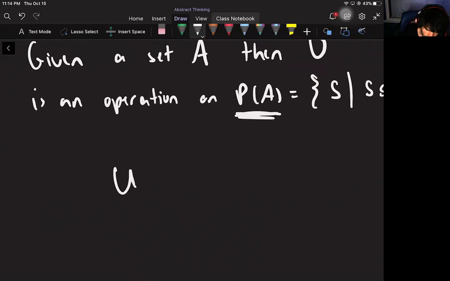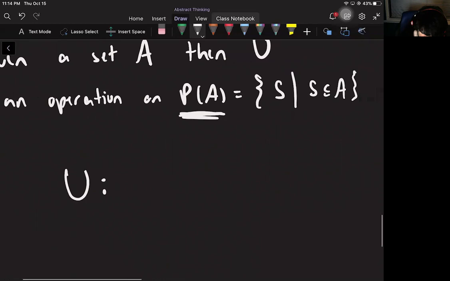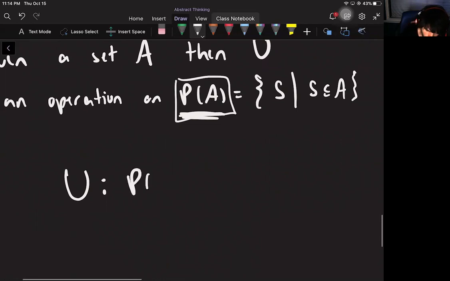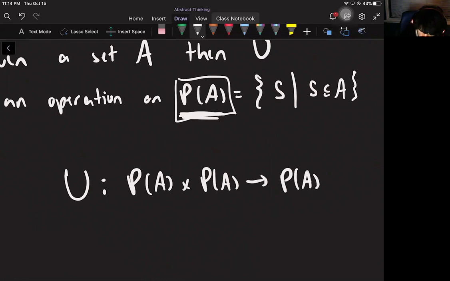So to be an operation on this means that it's got to be able to take two things from here, which is the power set. That means it's got to go from that times itself and give you one as a result.